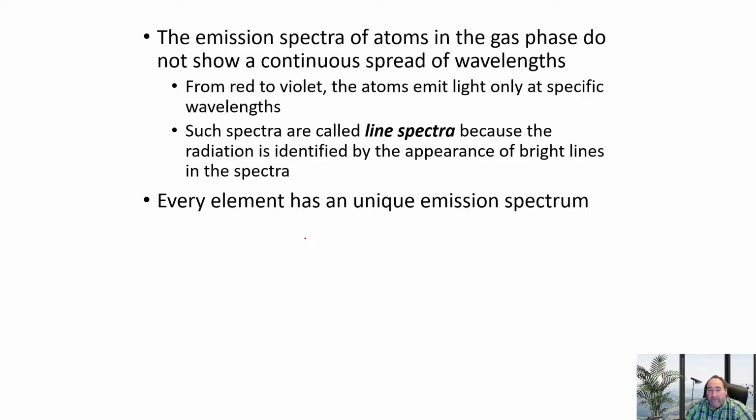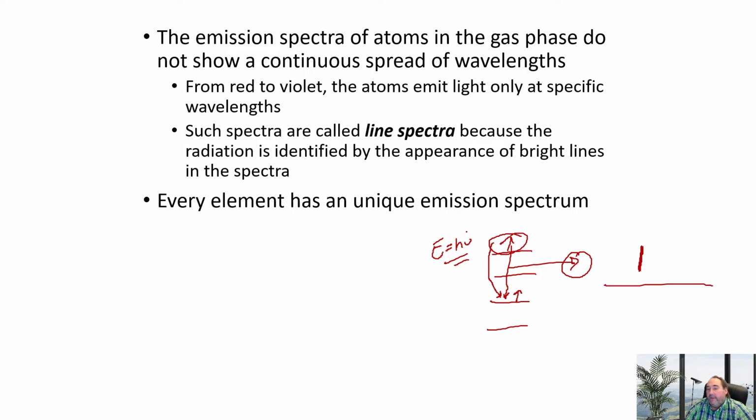And that's a result of what we've been talking about: I have an electron on this energy level, it drops down to this energy level, and it has lost the exact amount of energy to do that. By the way, that is represented by the equation we saw, E equals h times v. It will lose that certain amount of energy, and it will correspond to a specific color line that we see, say, in the visible part of the spectrum.